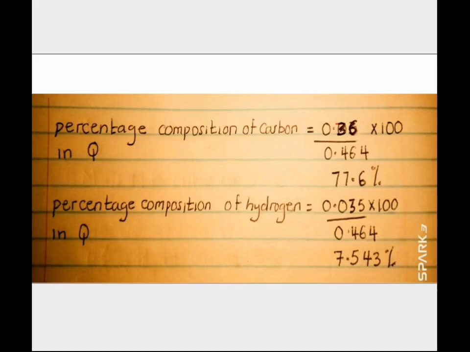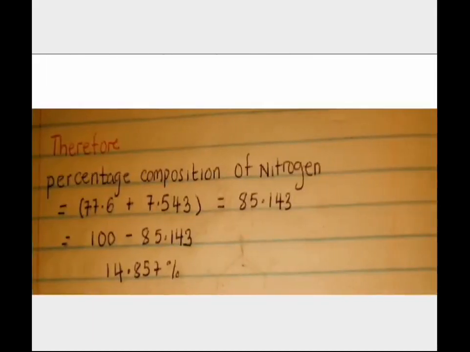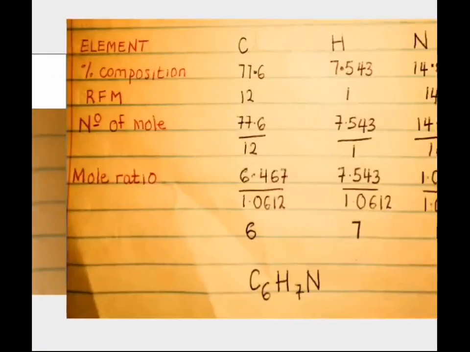So how do we get the percentage composition of nitrogen in organic compound Q? So getting the summation of the two elements, that is carbon and hydrogen, it is 85.13. Subtracting it from 100, we get 14.857 as the percentage composition of nitrogen in Q.